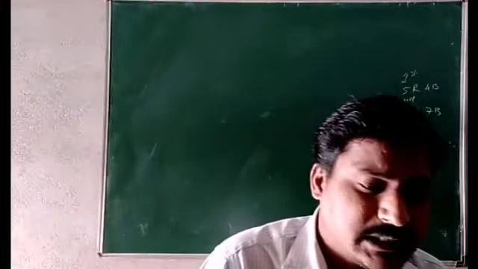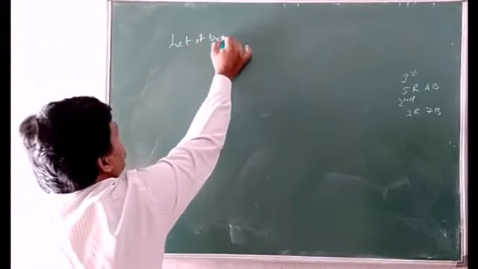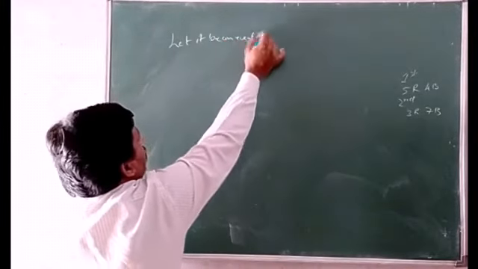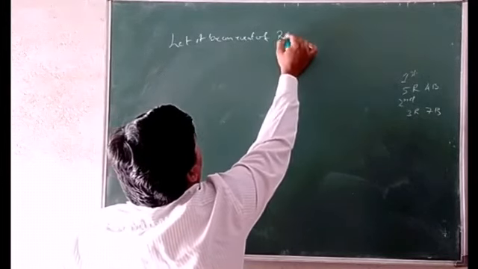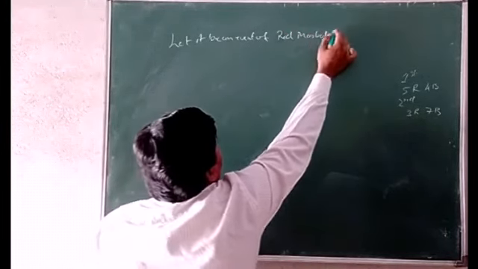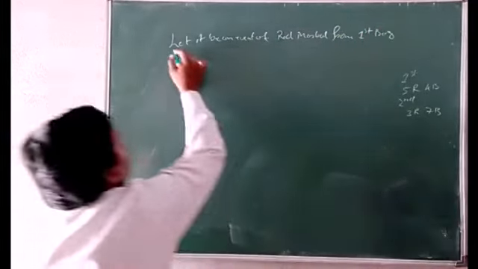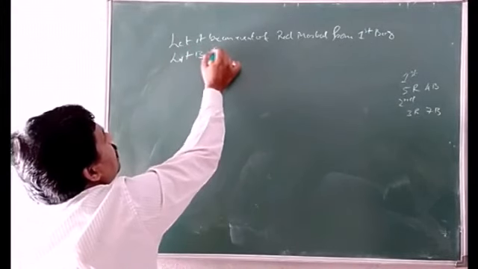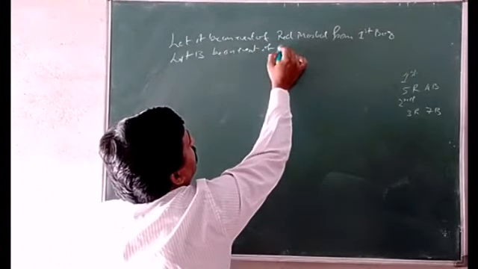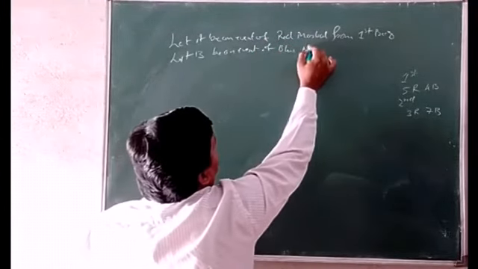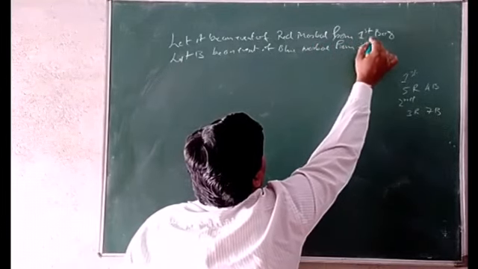So let us here let A be an event of red marble from first bag and let B be an event of blue marble from again first bag.